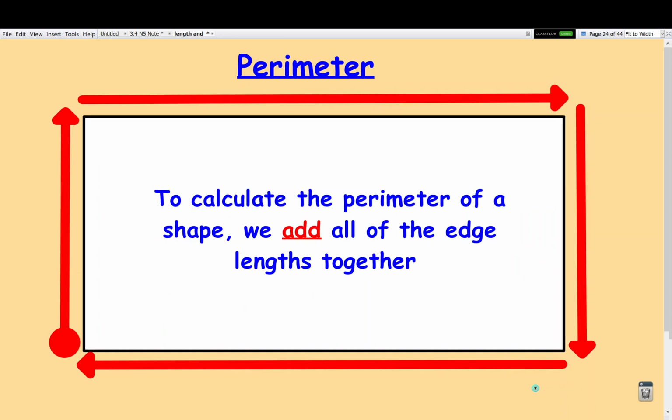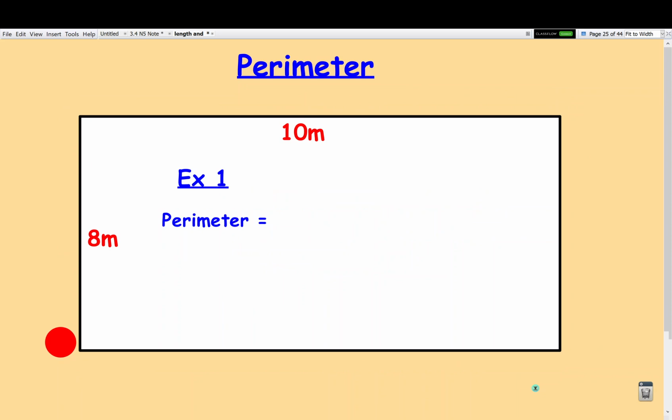To actually calculate the perimeter, it's just an adding exercise, adding all of the edges of the lengths together. So if we had these two lengths on this particular rectangle, I don't want you to copy this down, just watch the board. We'll do some examples in a second. If I had 8 metres on this side and 10 metres along the top, what would the perimeter be?